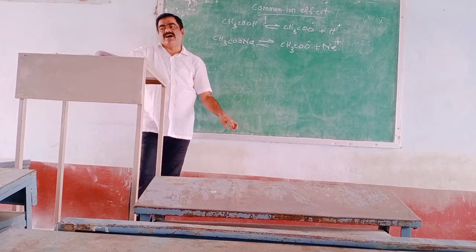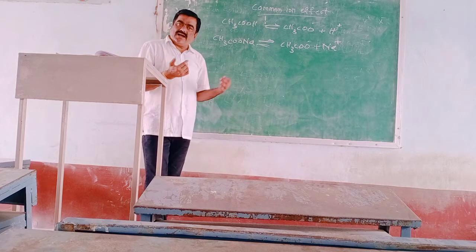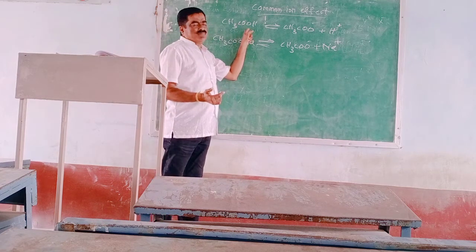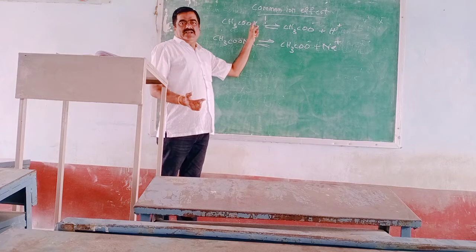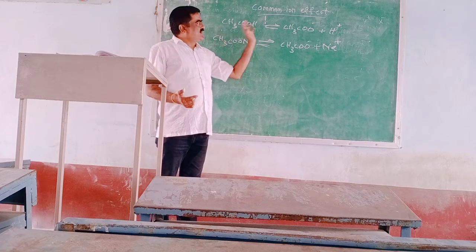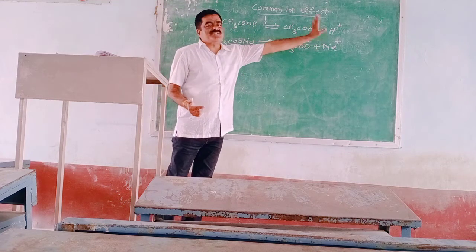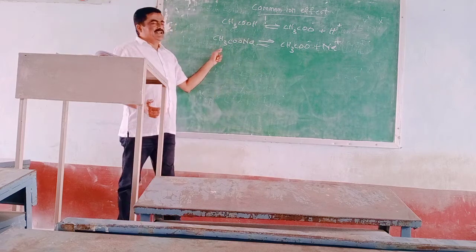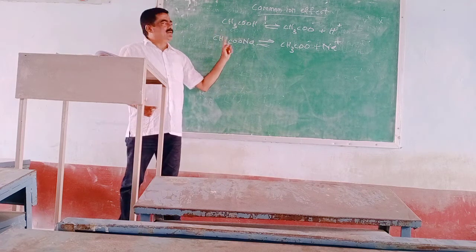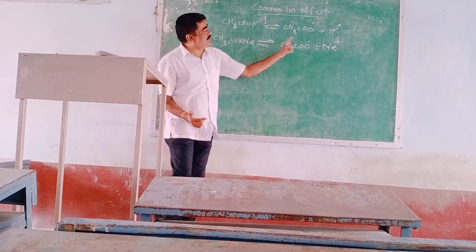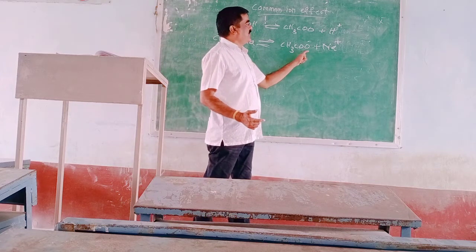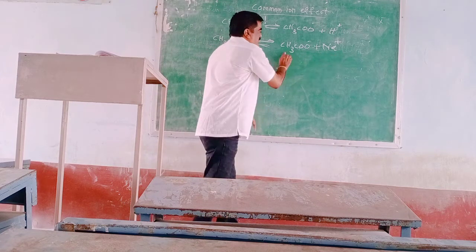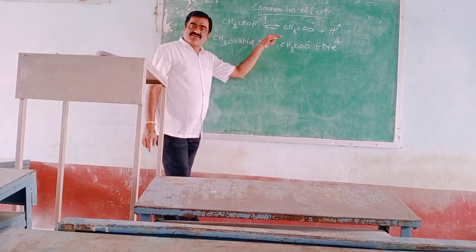That is the common ion. How is the common ion effect? The weak acid is not completely dissociated. It forms CH3COO- plus H+ ions, while its salt CH3COONa dissociates completely and forms CH3COO- ions and Na+. The concentration of CH3COO- is higher in this case.